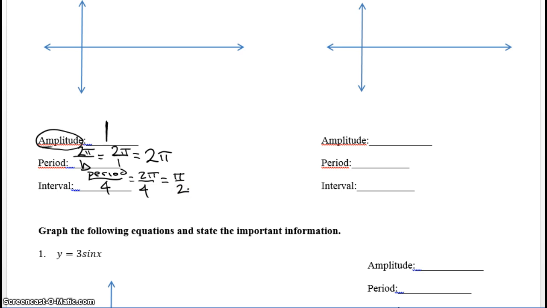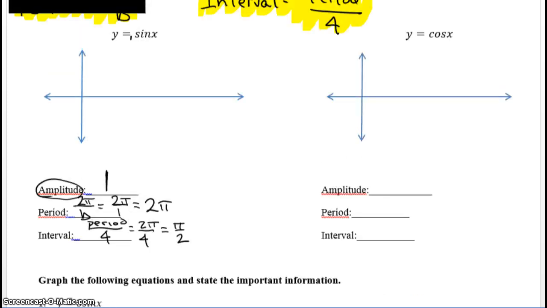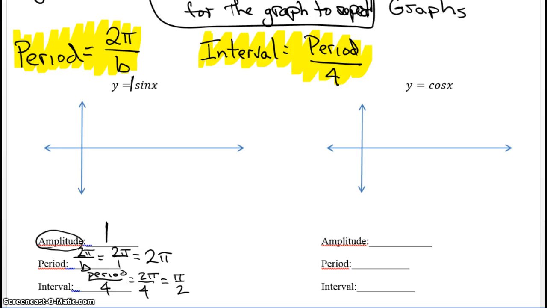Now, if some of these numbers look familiar, pi over 2, 2 pi, that's because the graphs that we're doing now of sine are related to what we're doing with the unit circle. A unit circle takes 1, 2, 3, 4 quadrants to pass through. That's why there are 4 intervals in our sine and cosine wave.